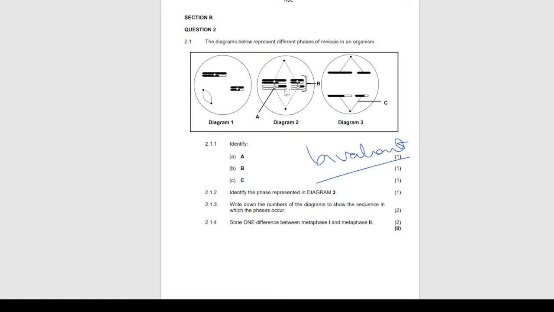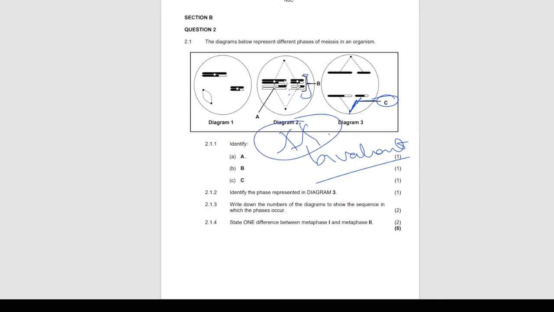Then they are asking, what is C? C is spindle fibers. And this one, is it a bivalent? It is not, because a bivalent is supposed to be under crossing over, and this is not crossing over.